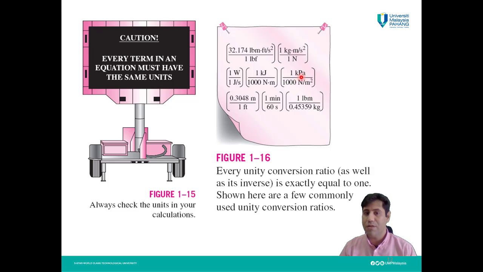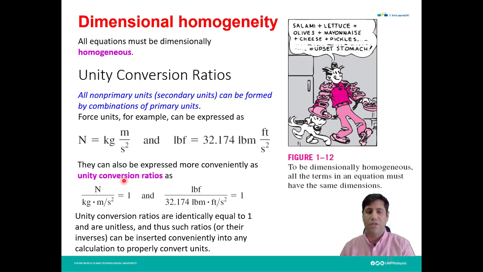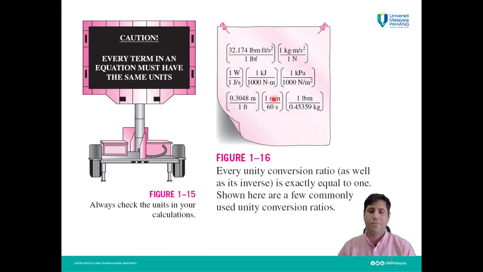The result of this is 1. It is a unity conversion ratio. And so on. 1 minute is 60 seconds. So the result of this is 1. We call them unity conversion ratios. So every unity conversion ratio, as well as its inverse, is exactly equal to 1.